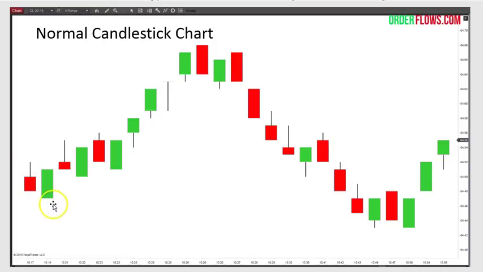Again, you're not necessarily going to get that information by looking at a normal candlestick chart, because the way most people trade is they wait for the price to come back up here. It's got to come back up and test this level before they can confidently say, I think there is resistance here.